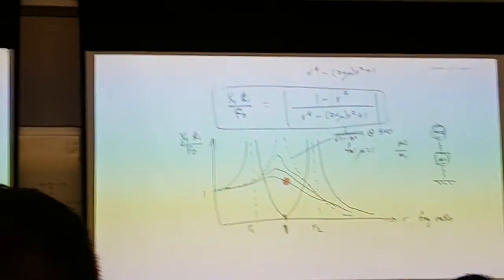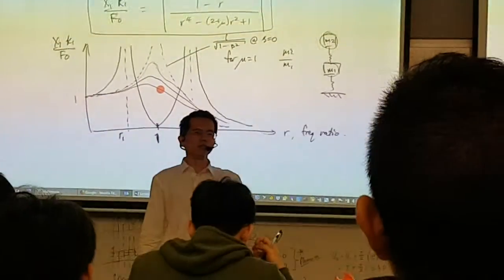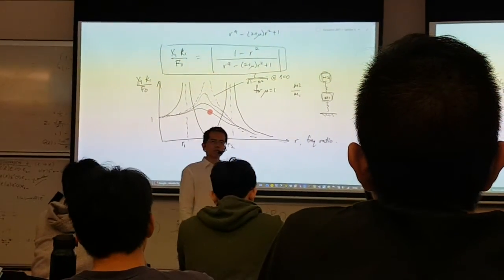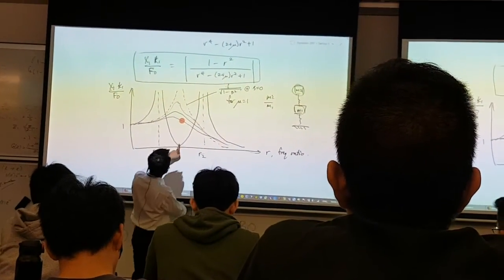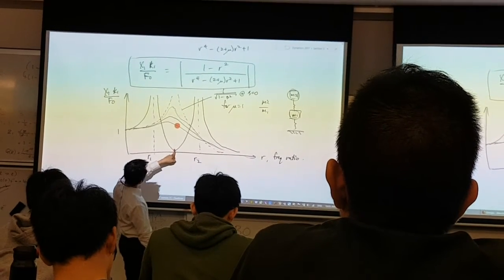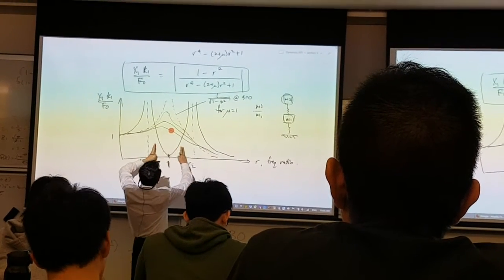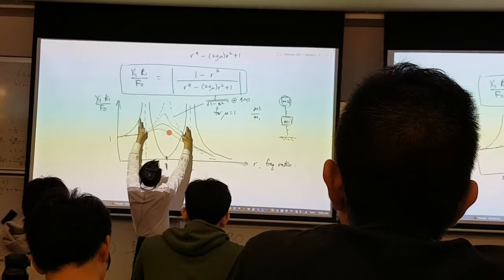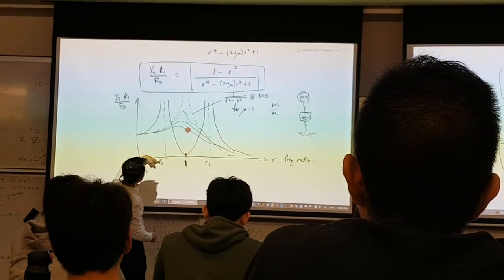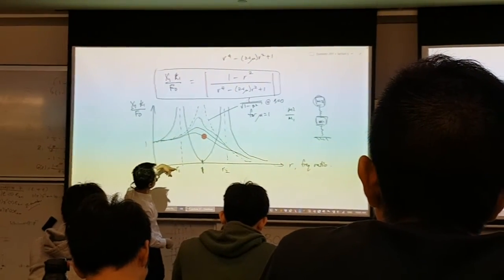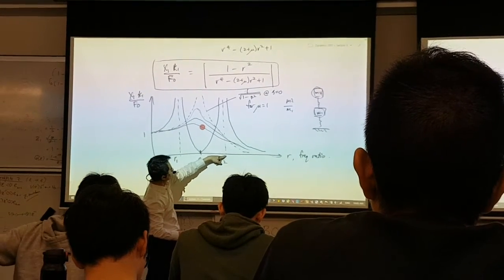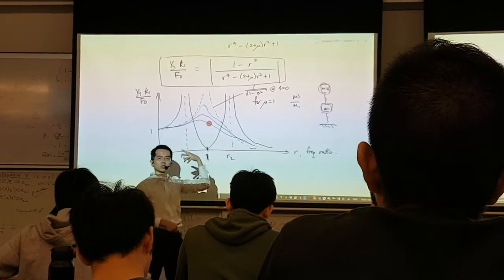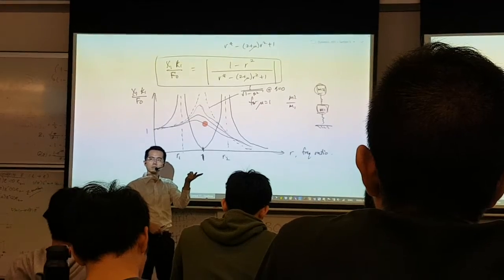1 degree of freedom system. Now I convert that into a 2 degree of freedom system. Essentially, at that old resonance frequency, I'm able to split into 2 resonance frequencies, where R1 is my first resonance frequency and R2 is my second resonance frequency, because it is a 2 degree of freedom system.